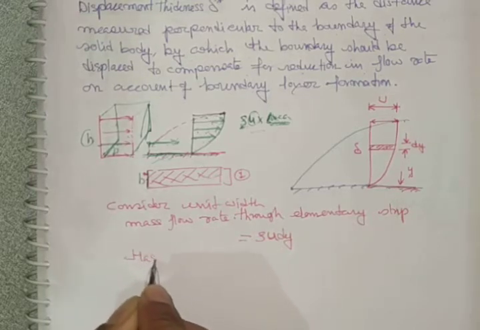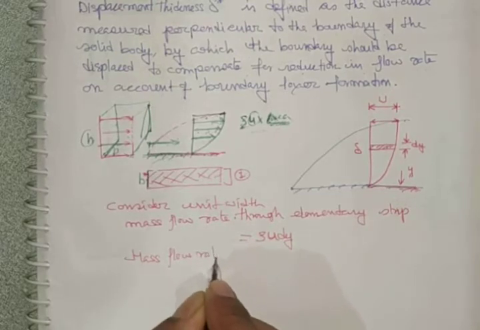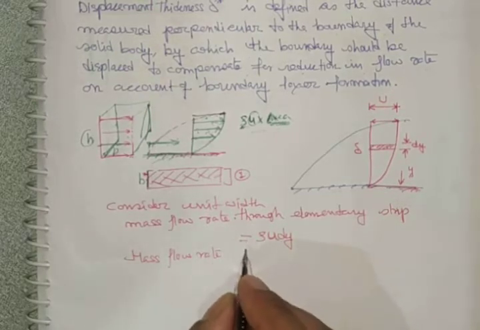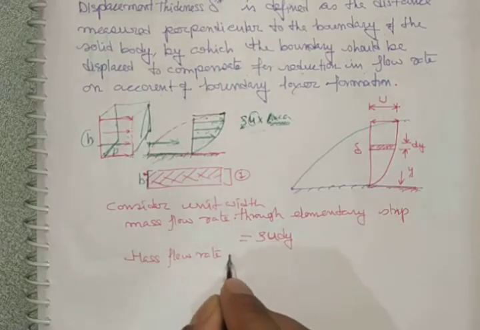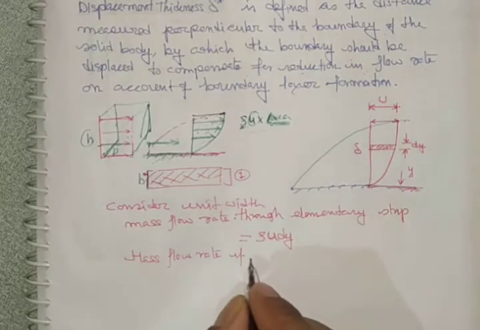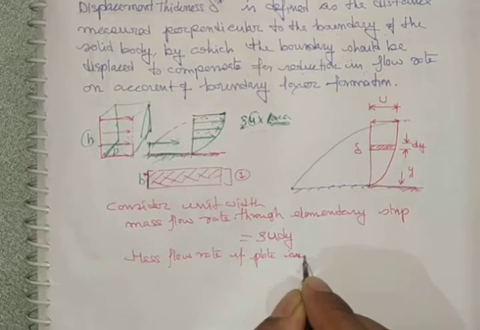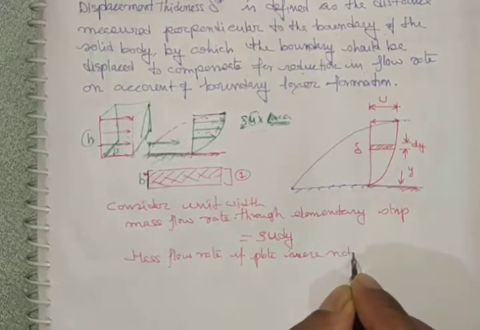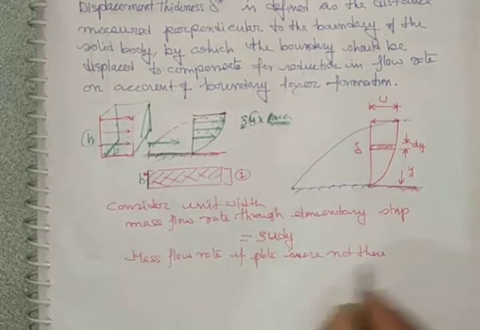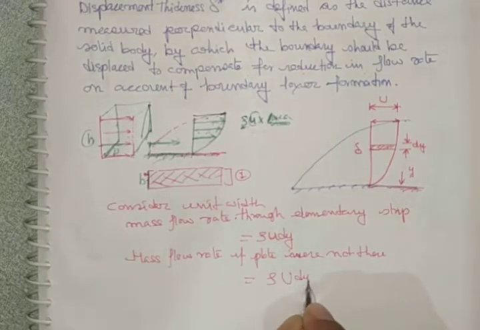Then the mass flow rate if the plate were not there, then the situation will be rho capital U dy.